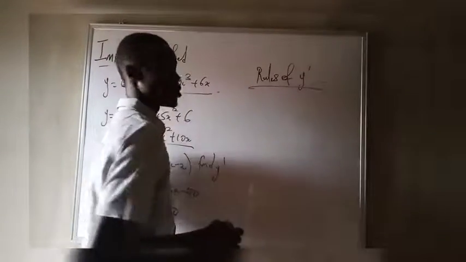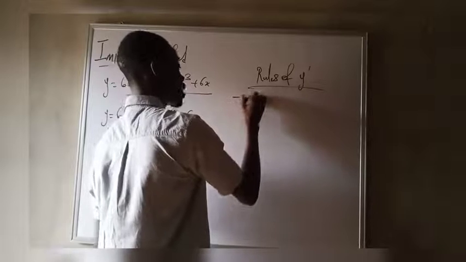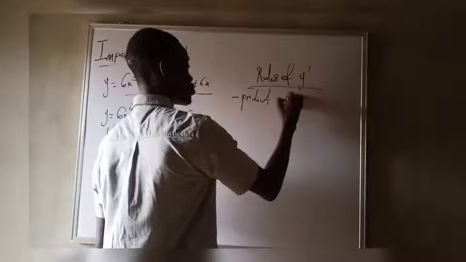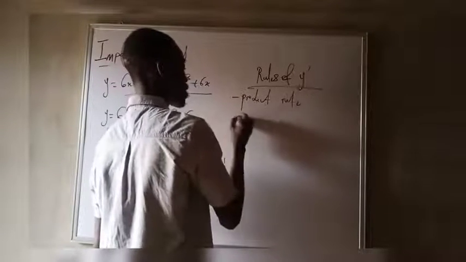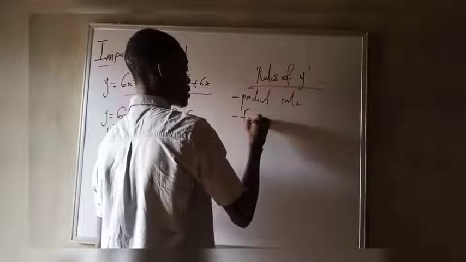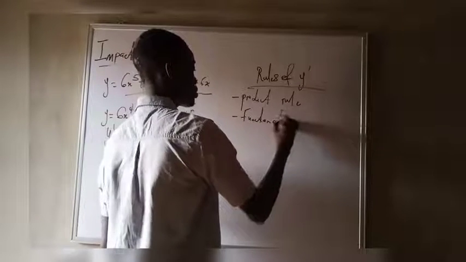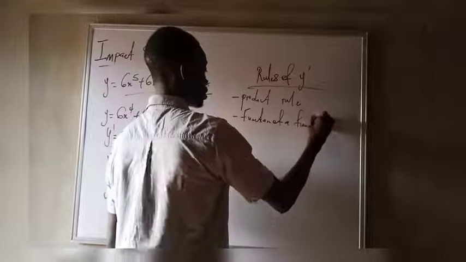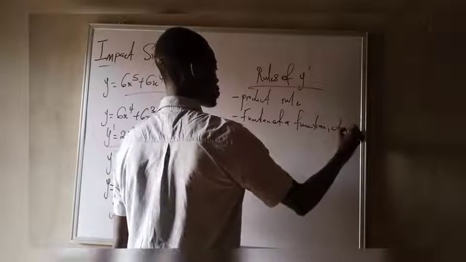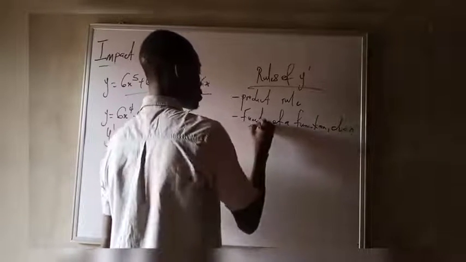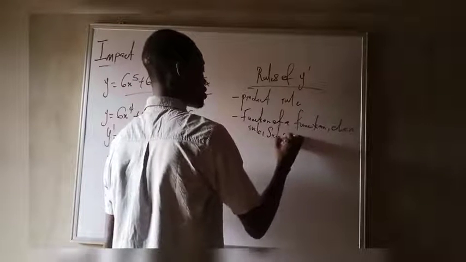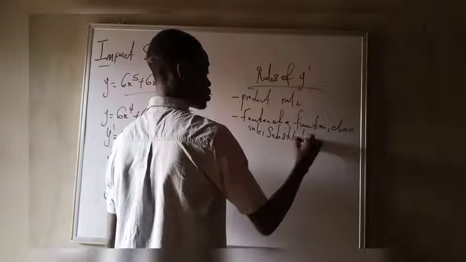And when we are talking of the rules of differentiation, we want to look at what we term as the product rule. We want to look at what we term as the function of a function. And function of a function, some textbooks we call it the chain rule, or some textbooks we call it the substitution method.